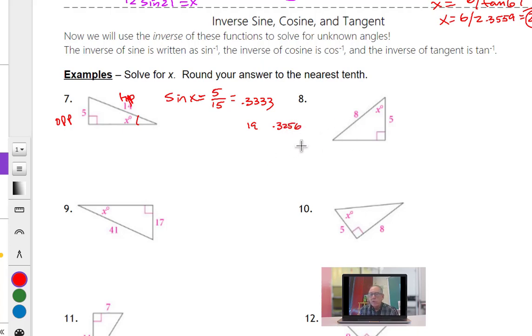And we have 0.3420 for 20 degrees. And 0.3333 is in between those.